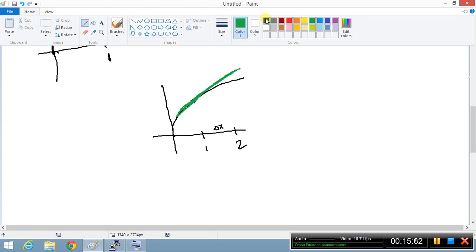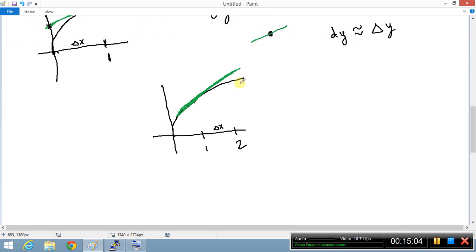So the question of what is dy says how much difference is there between this y value right here and this y value up here, both of which are directly above 2. So the distance from here to here, this is our dy, and the distance from here to here is our delta y.